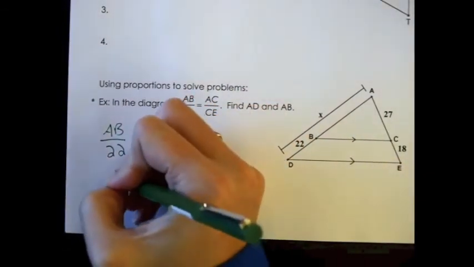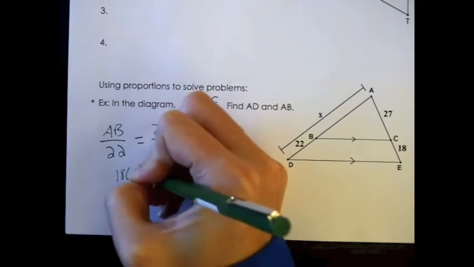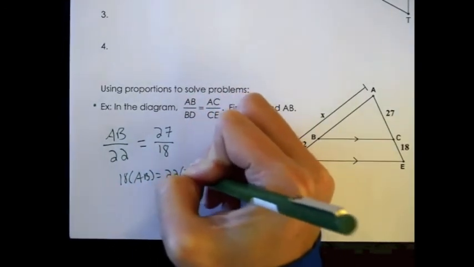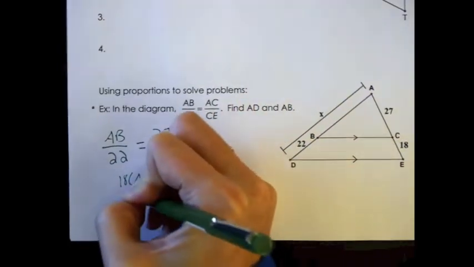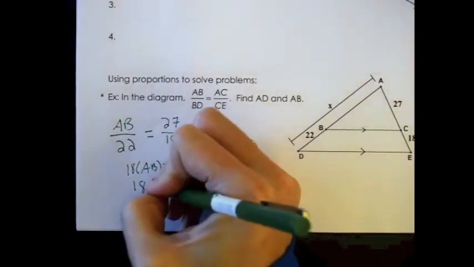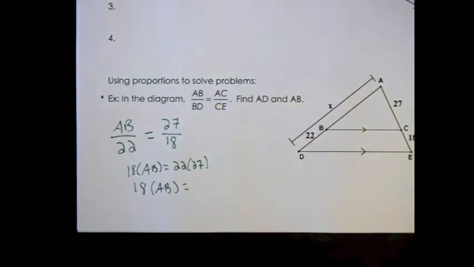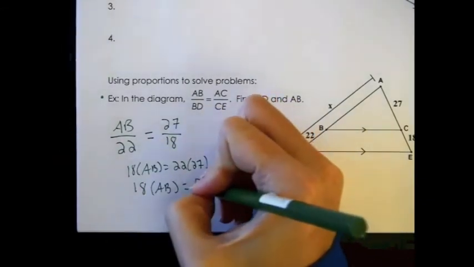Cross multiply, so 18 times AB equals 22 times 27. 18AB equals 594.